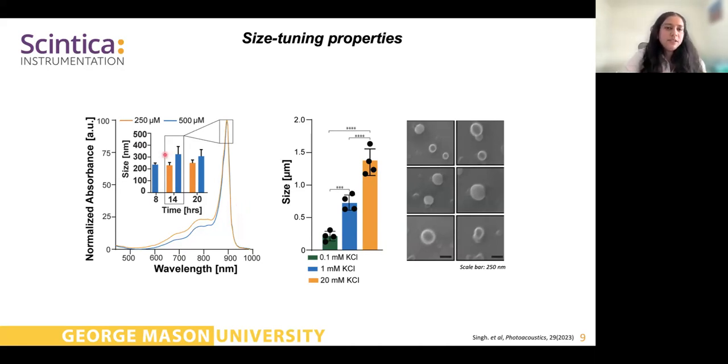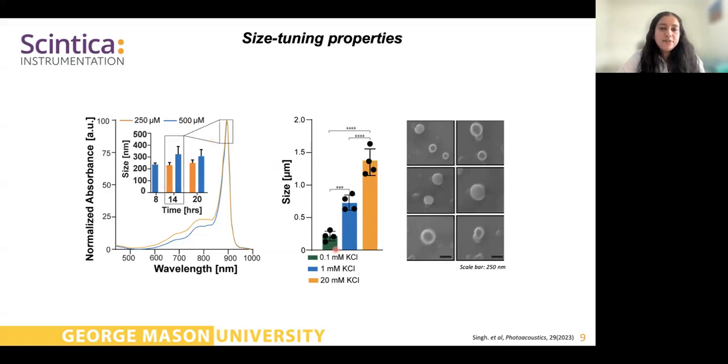And after that, we observed that varying the dye concentration, after 14 hours of incubation at 60 degrees Celsius, we saw the same sort of 895 nanometer peak, but the size was smaller.